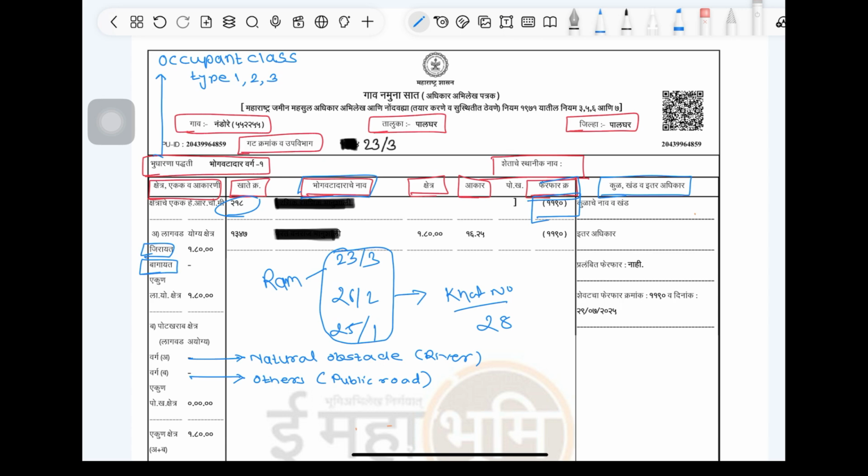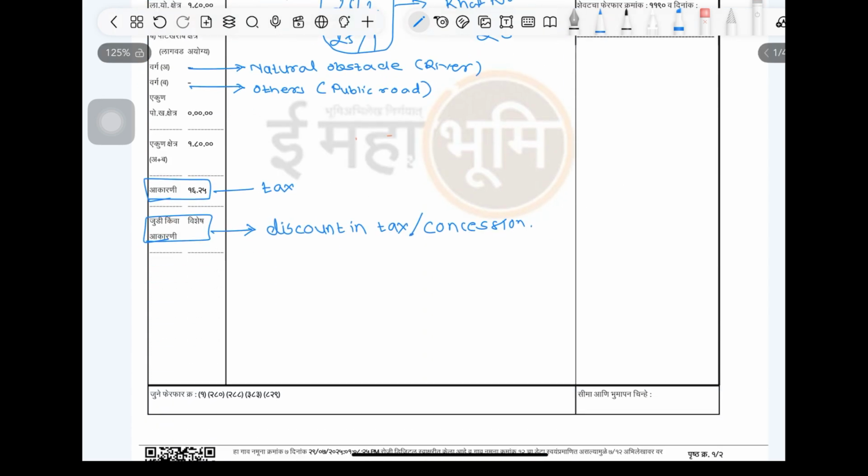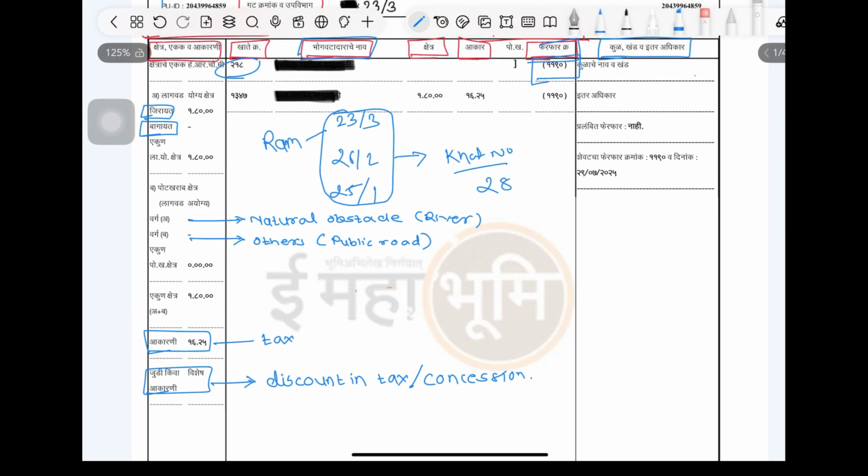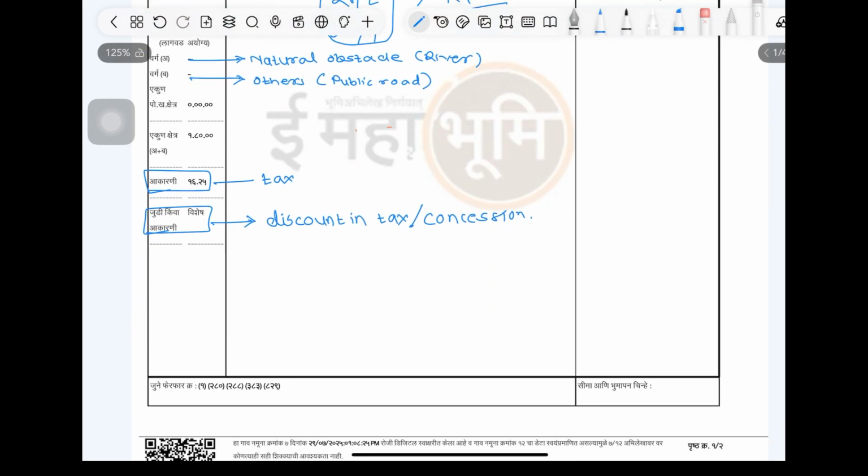There will be the list of old फेरफार here. For example, if you check 280, you will find out that through mutation number 280 these changes have taken place. Or 288, for example, there might be a change in ownership or anything. All that information will be available in these old फेरफार, that is mutations.